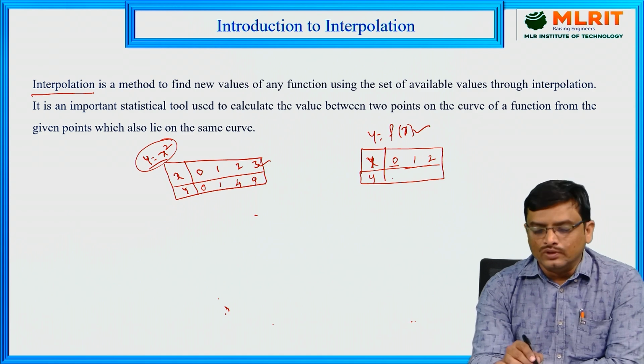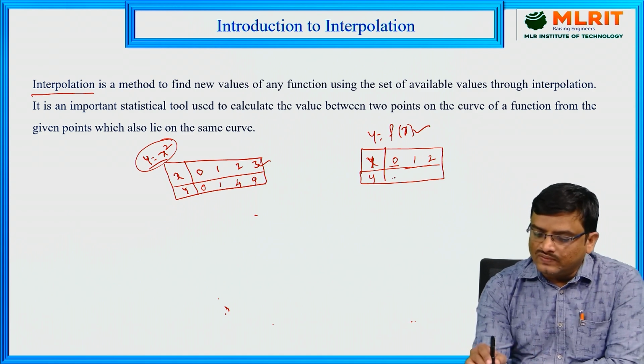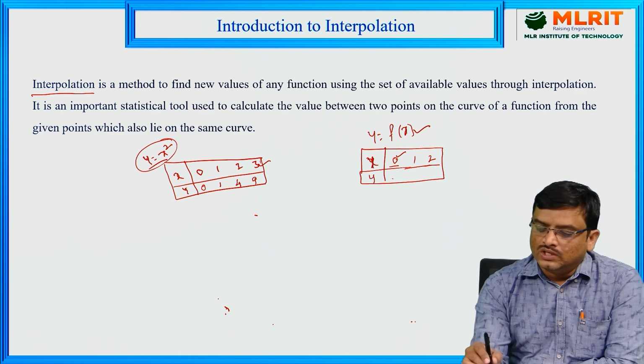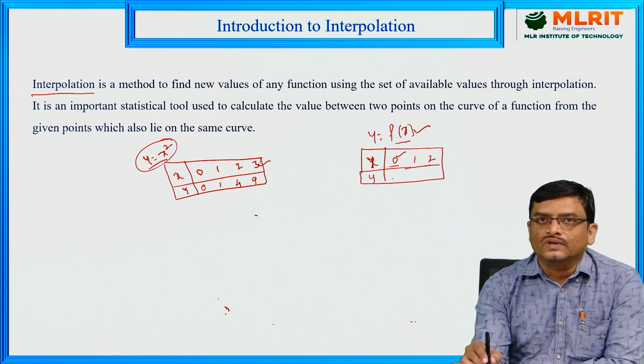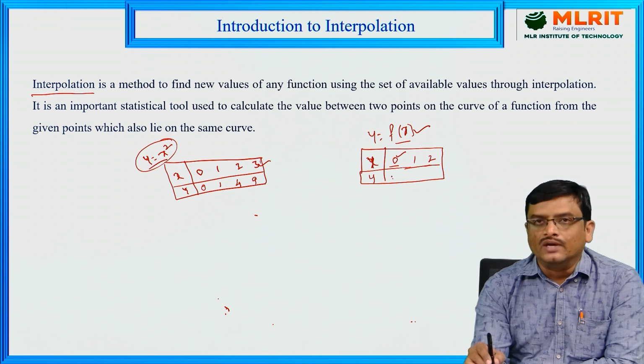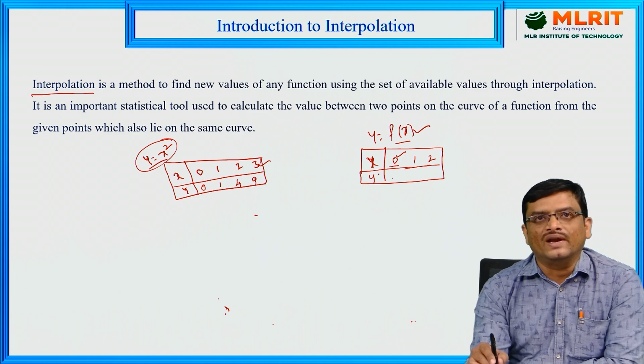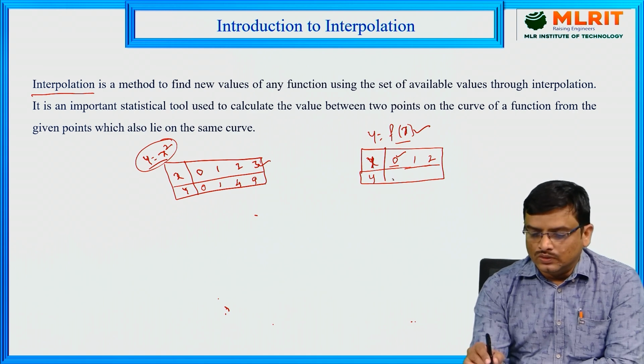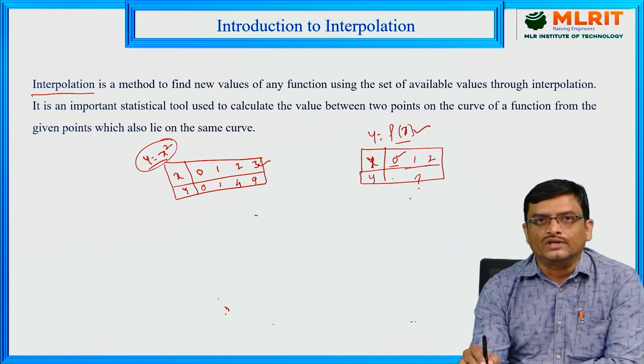So for an unknown function f of x, getting the value of y at a particular value of x is possible only by using the concept of interpolation. This is a best example where you can use the concept of interpolation.